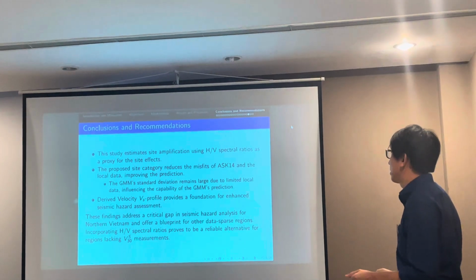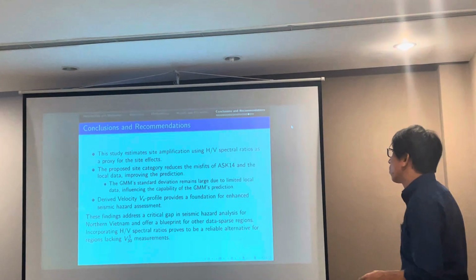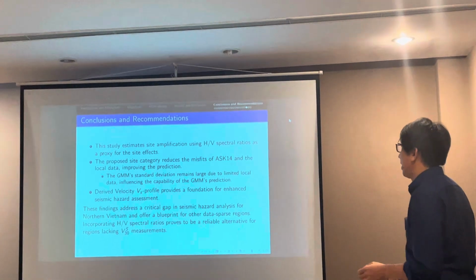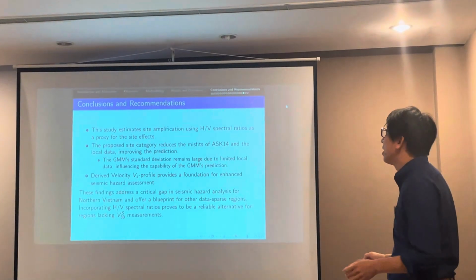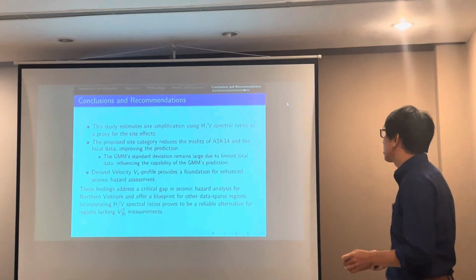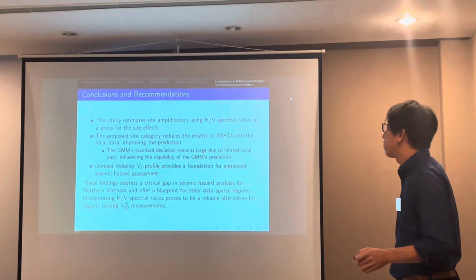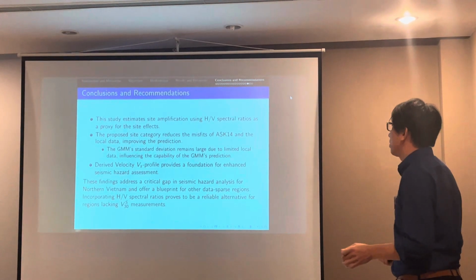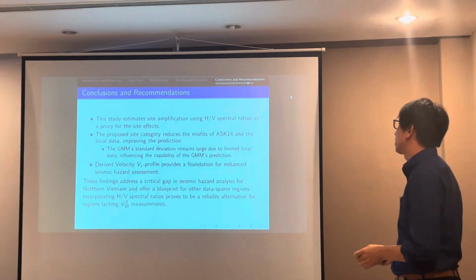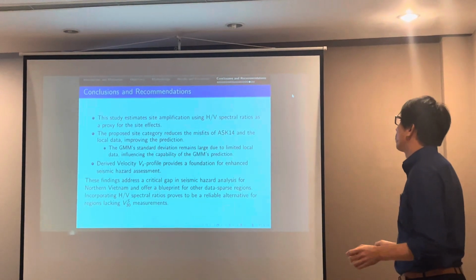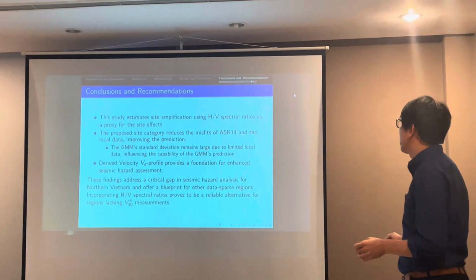Increasing the capacity of the GMM prediction with the right velocity profile provides a foundation for enhanced seismic hazard assessment. This finding addresses a critical gap in seismic hazard analysis for northern Vietnam and offers a blueprint for data-sparse regions. Incorporating the HVSR spectral ratio proved to be a reliable alternative for regions lacking VS30 measurements.